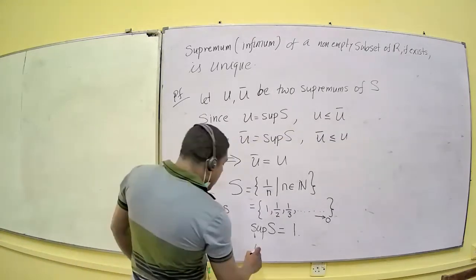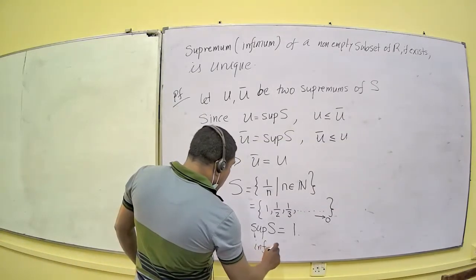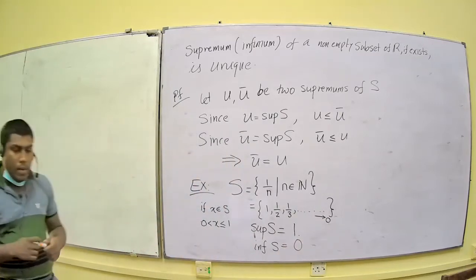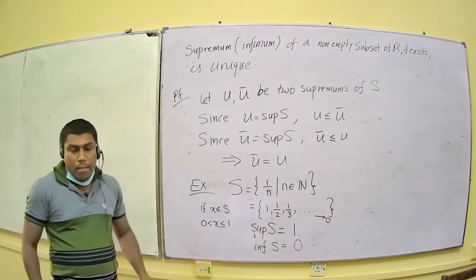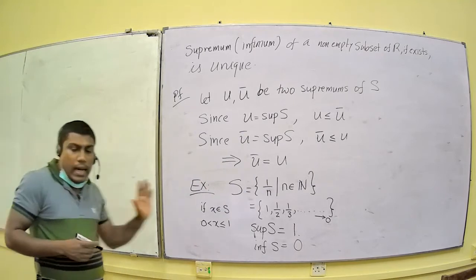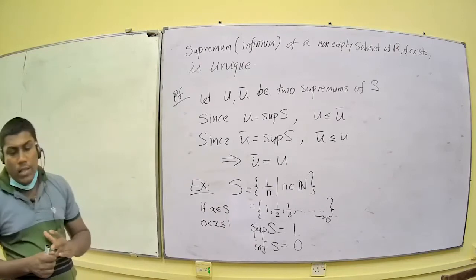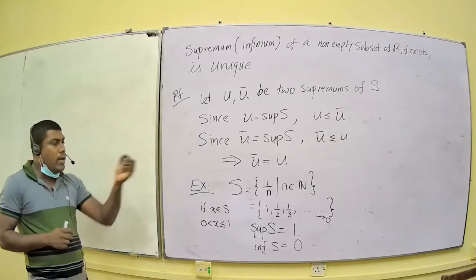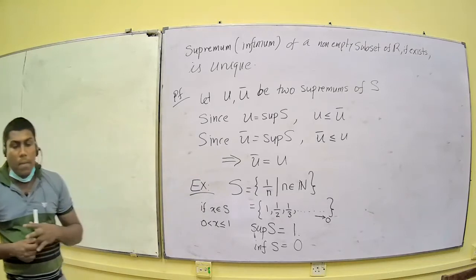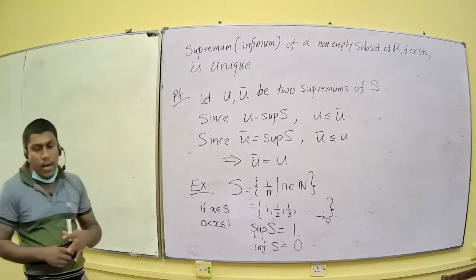Similarly, you can see the infimum of S will be 0, because all the elements in the set are bigger than 0, and the greatest possible lower bound is 0. If you go a little above 0, that becomes a member in the set.